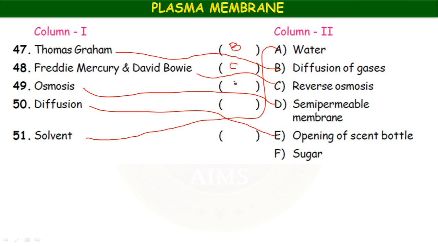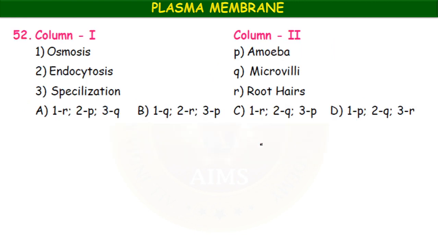Osmosis involves semi-permeable membrane. An example for diffusion, opening of scent bottle. Option E, the solvent, water. So here you have to select, after matching, the code given below.